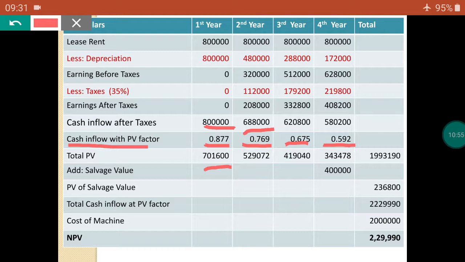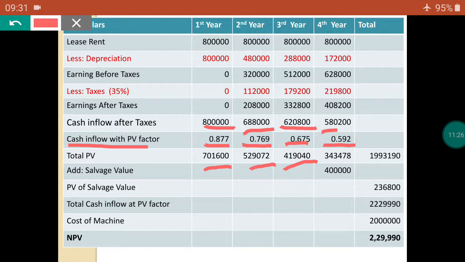The PV factor is 0.769. 6 lakh 88,000 into 0.769, you can get a total PV of 5 lakh 29,072 rupees. Next, third year, the cash inflow after taxes is 6 lakh 20,800 rupees into PV factor 0.675, and you can get 4 lakh 19,040 rupees.